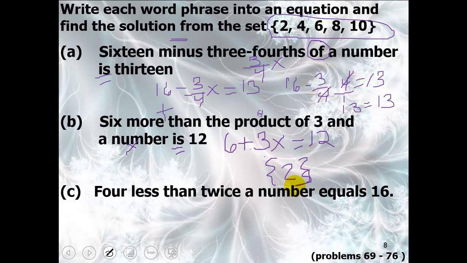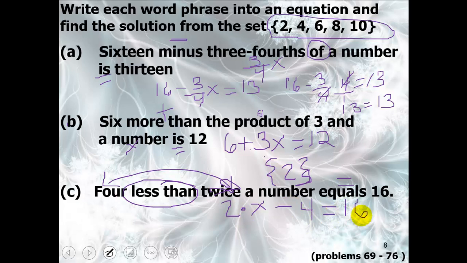4 less than, so we have to do some reversing of position. Twice a number equals 16. Remember, twice is 2 times a number, minus 4 equals 16.